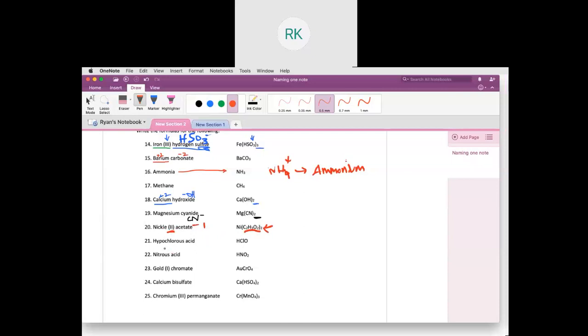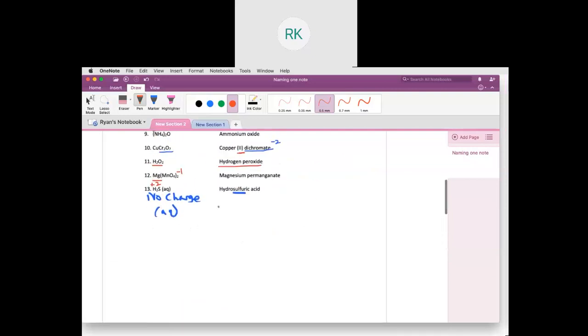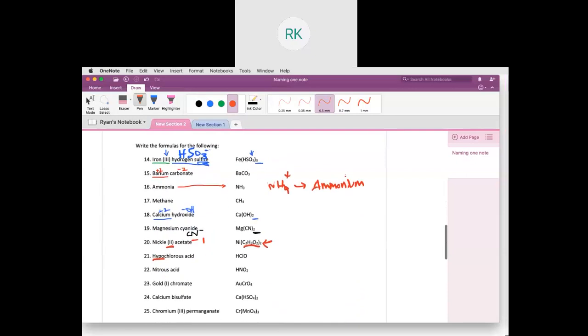Okay, hypochlorous acid. This is another great one because it's tricky. It's trying to remind you the difference between the prefix hypo and hydro. Remember, hydrobromic acid is for binary acids, right? These are binary acids, the hydrogen and the atom. This is not like that. This is hypo-root-ous acid.